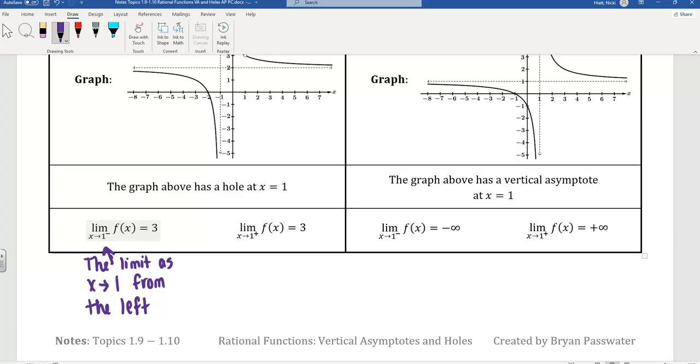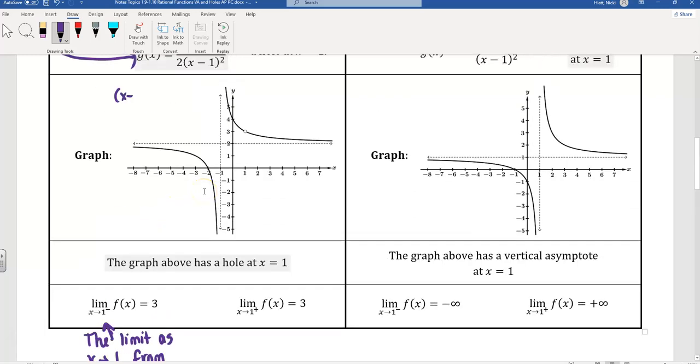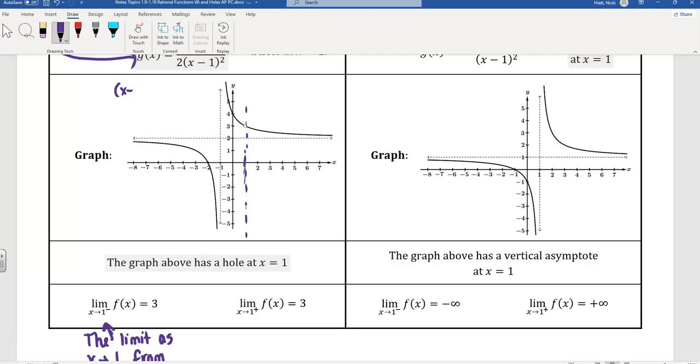So that negative behind the 1 means that we're looking at what's happening at 1 from the left side. So if I go to my graph and I look where x equals 1, that's right here. I'm going to draw myself like a dotted line, although it's going to do some crazy stuff here probably. Maybe it'll still kind of look like a dotted line once it crawls down the page there.